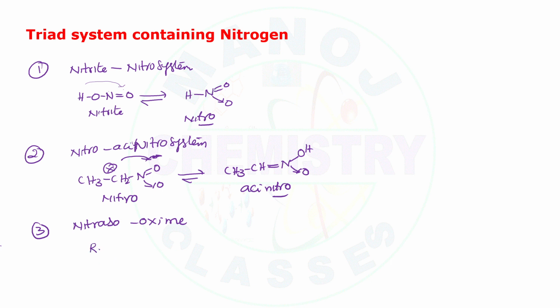Simply, I would like to take R2CH N double bond O as nitroso. This one will be tautomerized as oxime, that is nothing but R2C double bond N OH. Here the proton from here is transferred to here, a 1,3 system. So this one is our oxime.